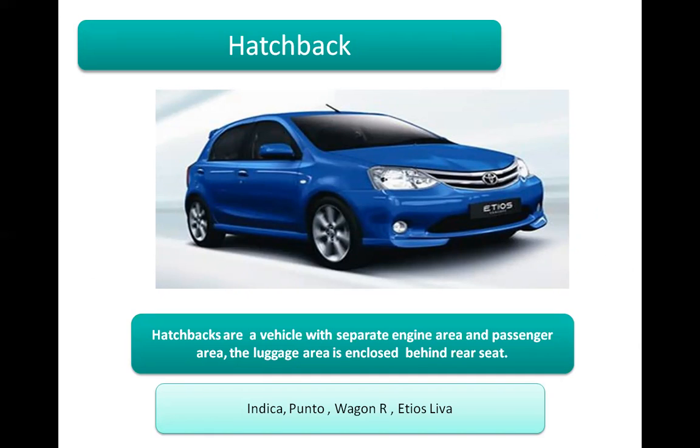Now, what is a hatchback vehicle? Hatchbacks are vehicles with separate engine area and passenger area. The luggage area is enclosed behind the rear seat. For example, such vehicles are Indica, Punto, Wagon R, and Etios Liva.